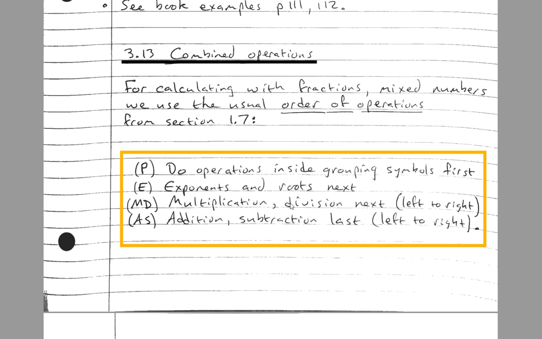So sometimes you do dividing before multiplying if the division's on the left. And only when you've taken care of all of those, you do the additions and subtractions at the last step. AS together, so again, working from left to right, so sometimes you're subtracting before adding if it's on the left.